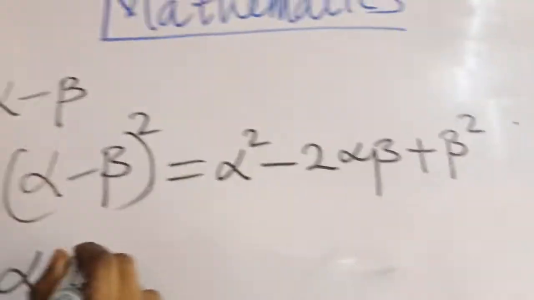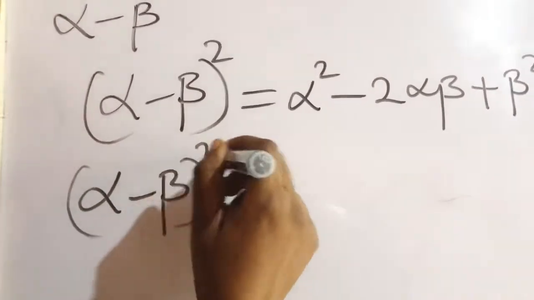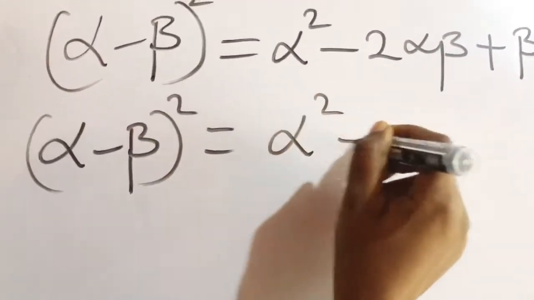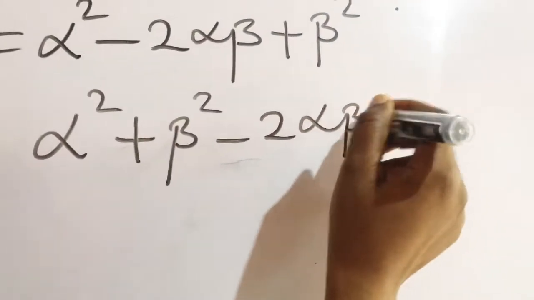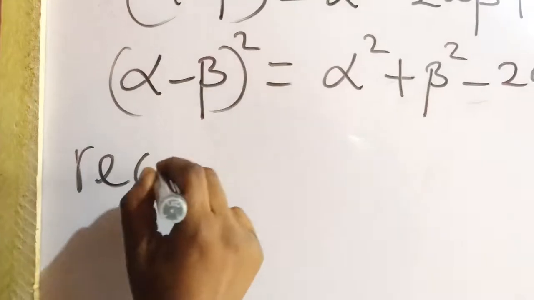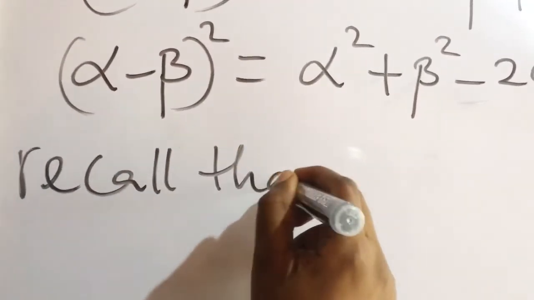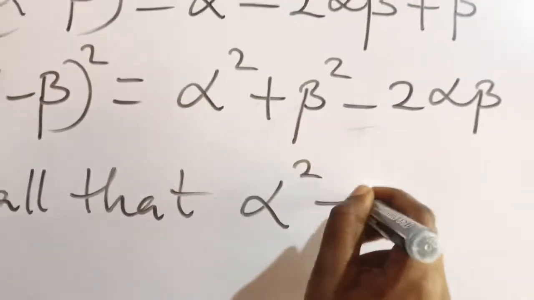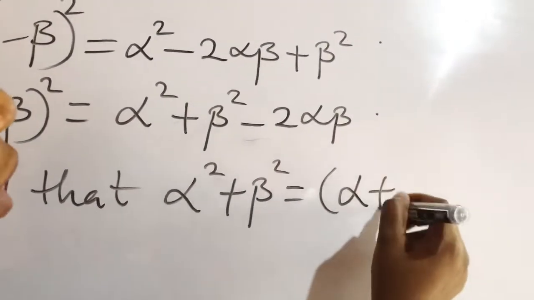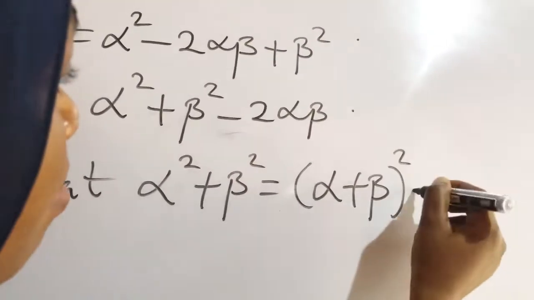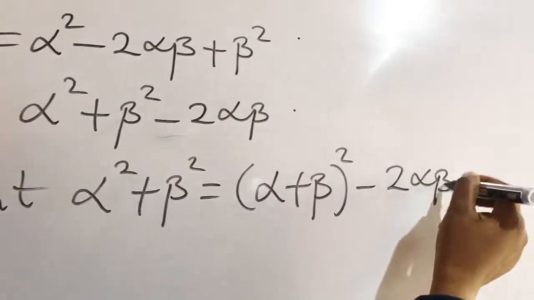So alpha minus beta squared is equal to alpha squared plus beta squared minus 2 alpha beta. And recall that alpha squared plus beta squared is equal to alpha plus beta squared minus 2 alpha beta.